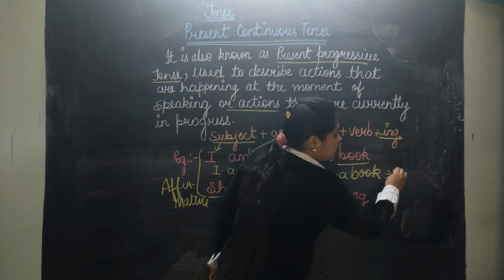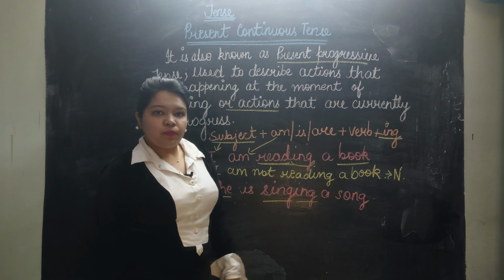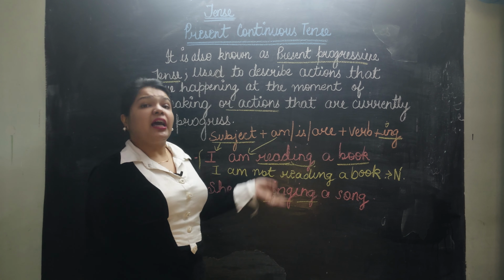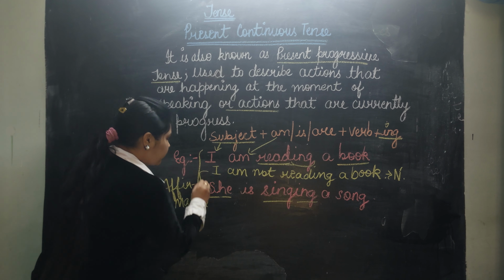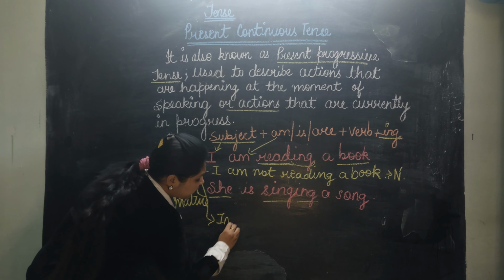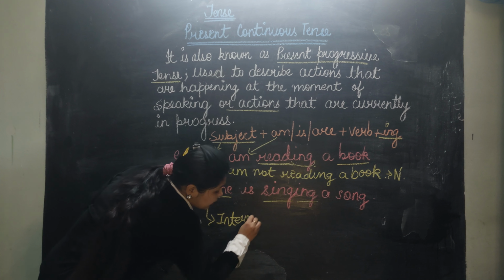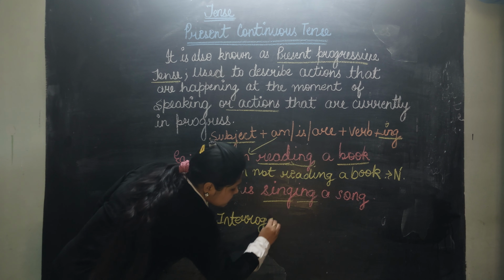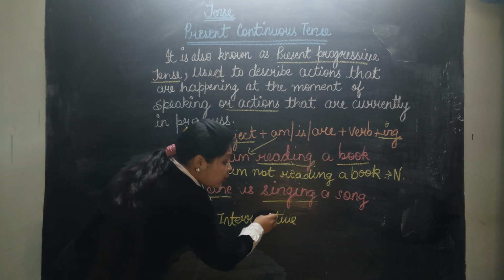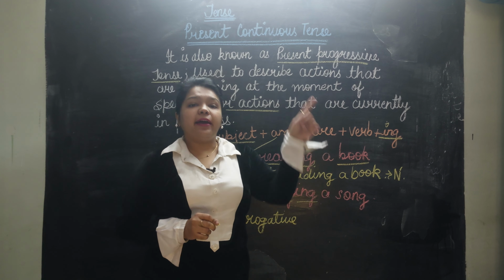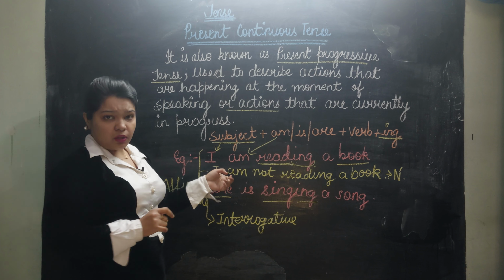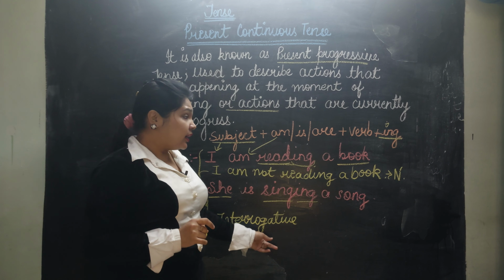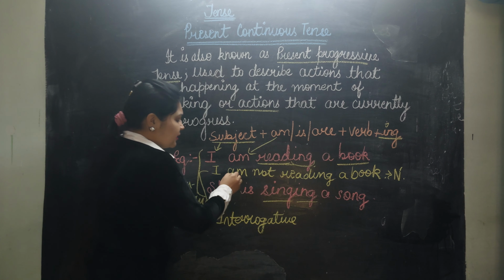This is a negative sentence. If I change this sentence again into an interrogative sentence, what will it be? Interrogative sentences are the sentences which ask questions and always end with a question mark. Correct.